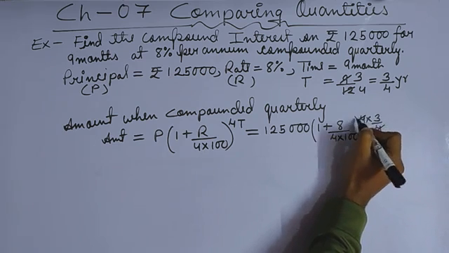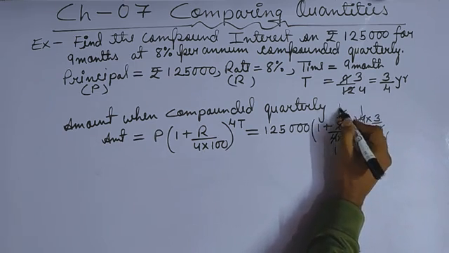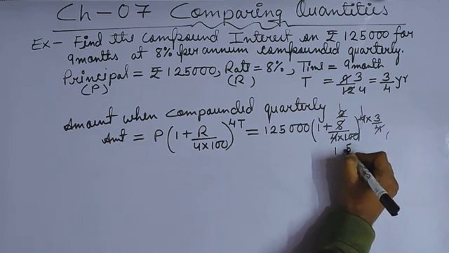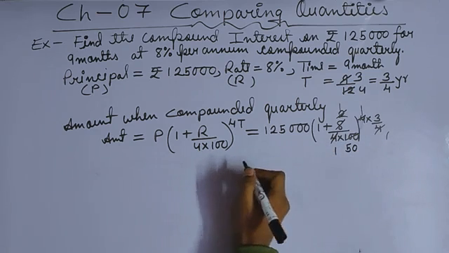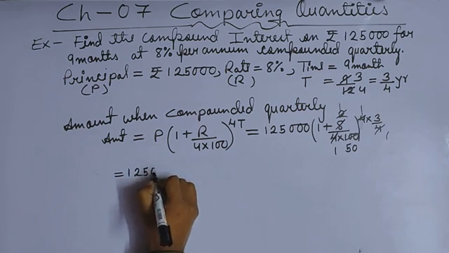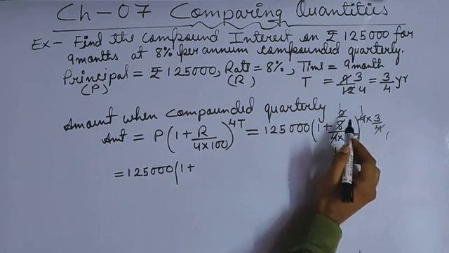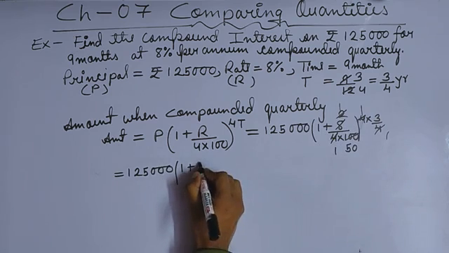Simplifying, 4 twos are 8, and 2 fifties are 100. So we are getting 1,25,000 times (1 plus 1 upon 50).